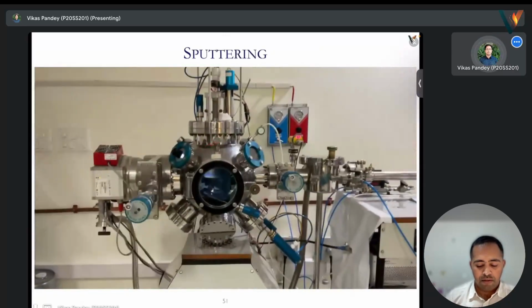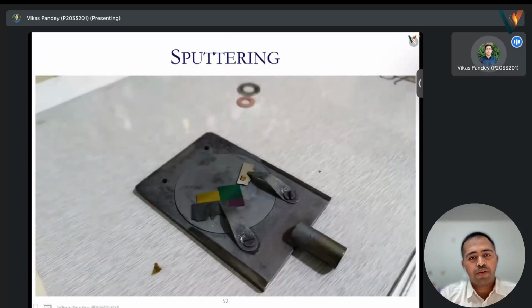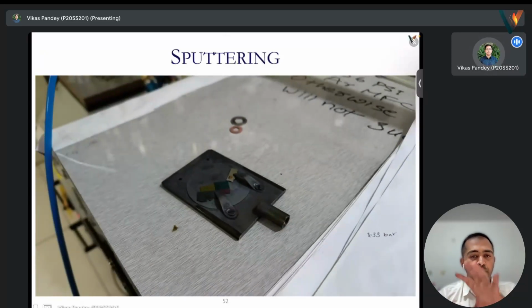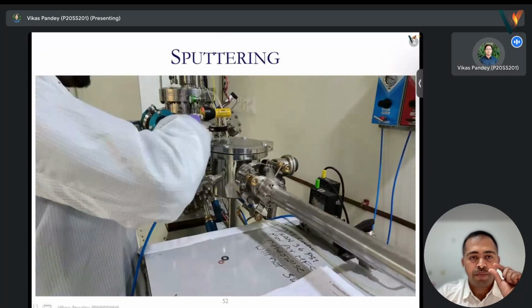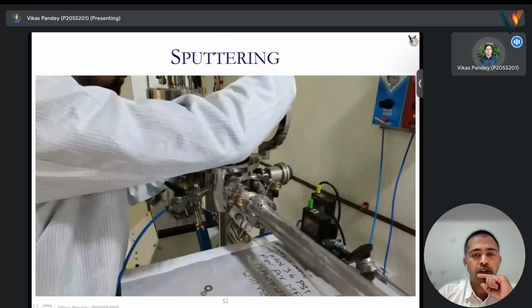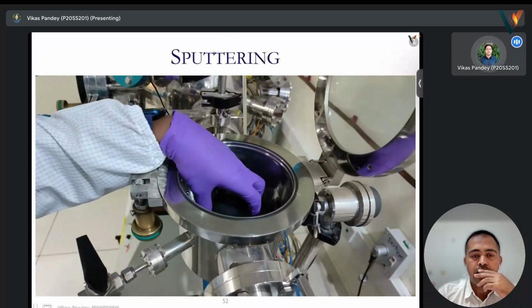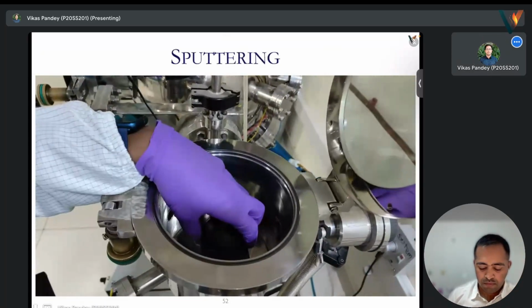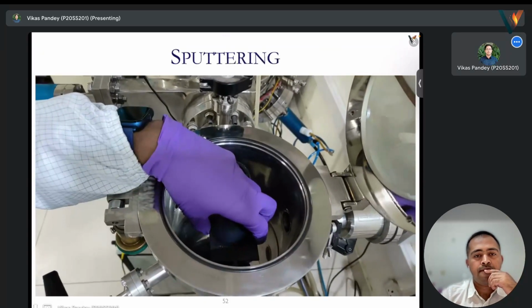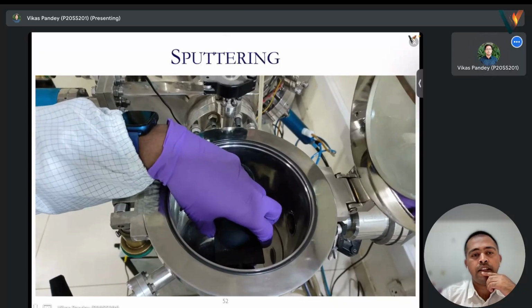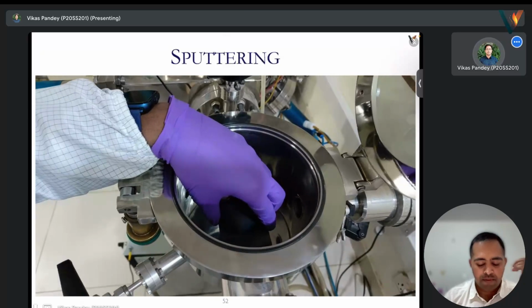Since we are doing it for research purposes, we are not using the whole wafer. We are just using a small cut part of the wafer. We are putting this sample inside and shifting it inside.